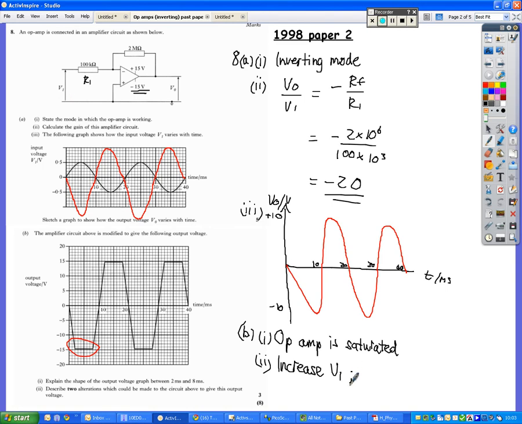The other two factors are really RF and R1, so the ratio of these to each other. So you either make RF bigger or you make R1 smaller. That will give you a larger gain. So increase RF or decrease R1.